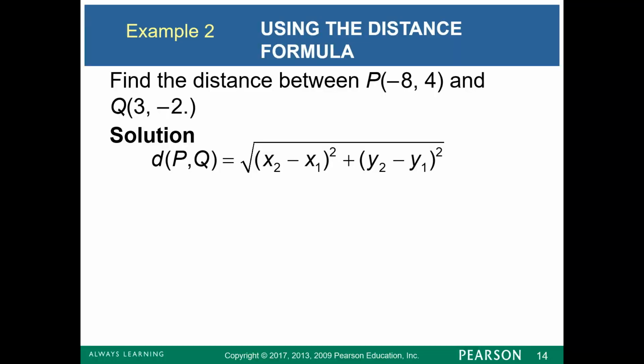If you want to find the distance between points P, negative 8 comma 4, and Q, what is that, 3 comma negative 2. So you have to find the distance between them. You know what I mean?